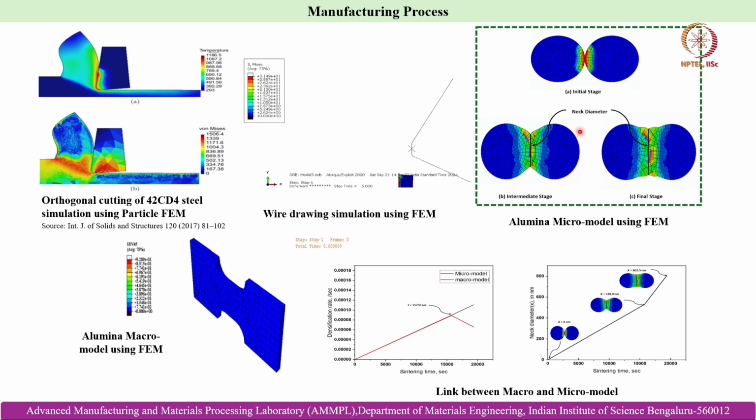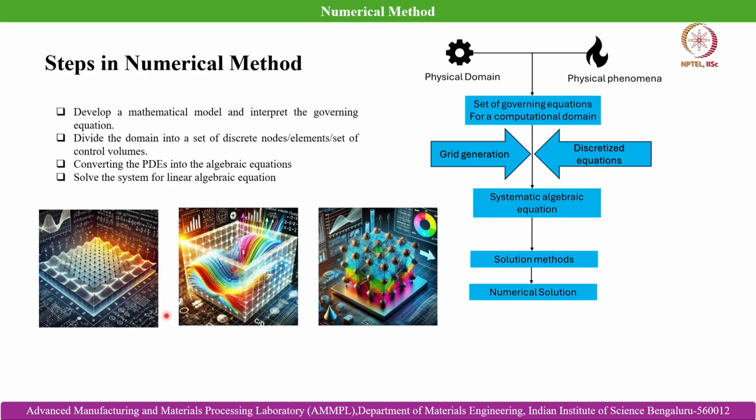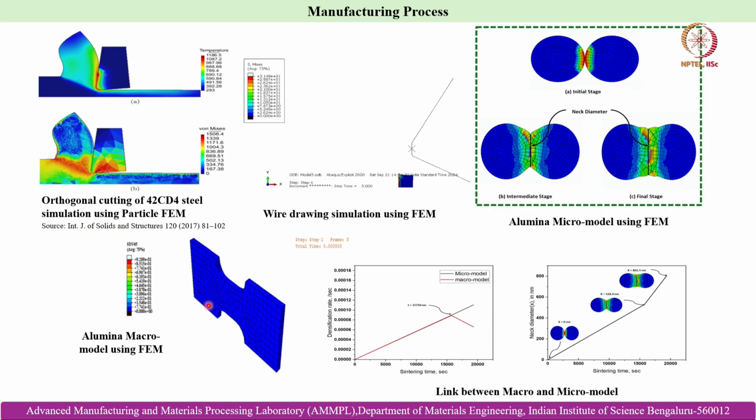It shows the effect of diffusion and diffusion based bonding between neighboring powder particles. In this image you can see the macro model of sintering of alumina nanopowders, and this image shows the linkage established between this macro model and the micro model of sintering of alumina nanopowder.